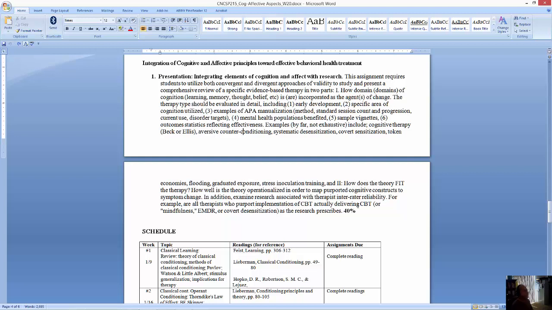So look at the research associated with therapist inter-rater reliability for those who are practicing and utilizing a specific evidence-based theory. Has there been any research relative to how a certain sample of therapists are in accordance or congruence with delivering that type of therapy?